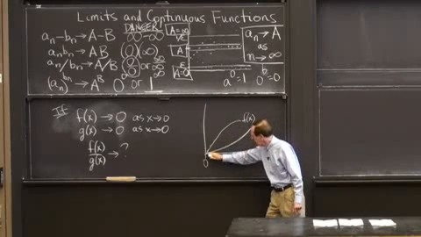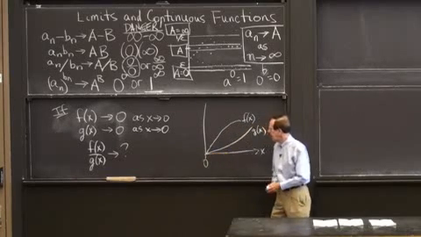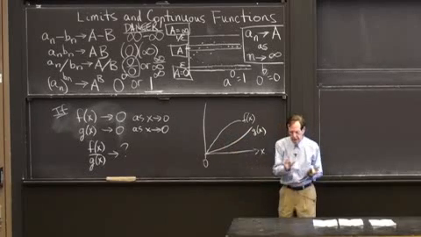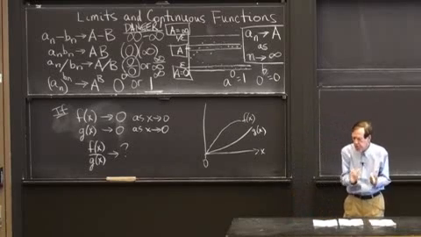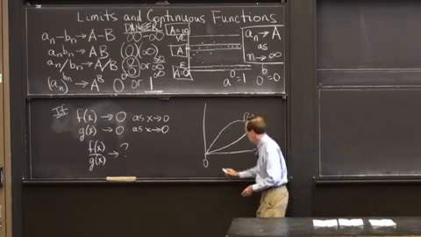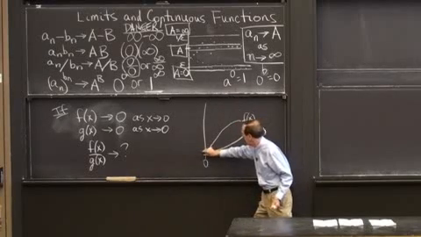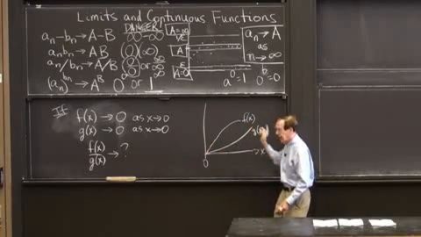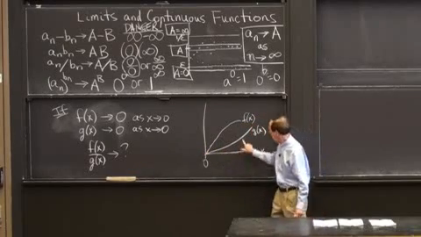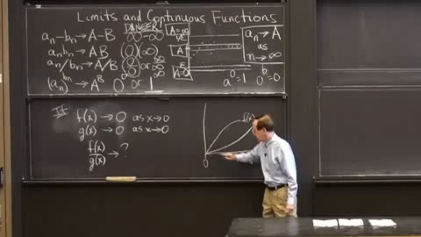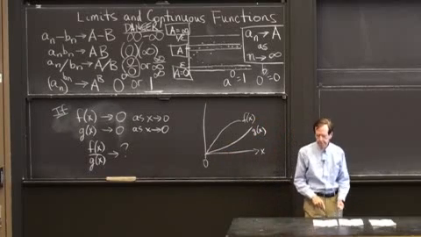My f of x is getting smaller, my g of x is getting smaller. I'll say exactly what that means, but you know what it means. It means that if I put a little band there, it gets into that band. Actually, g will get into the band sooner, but then f will safely get into the band.